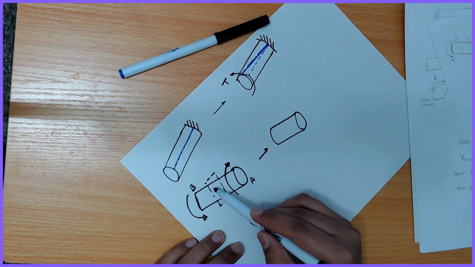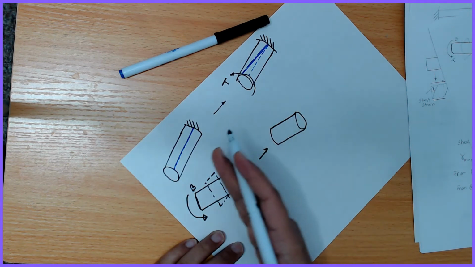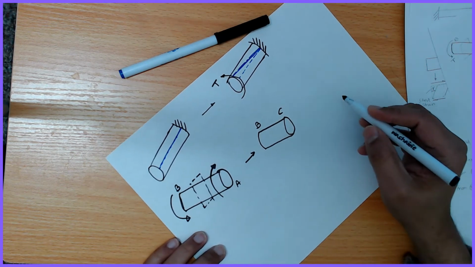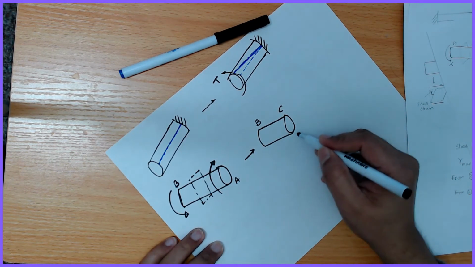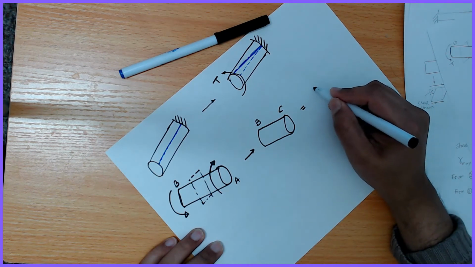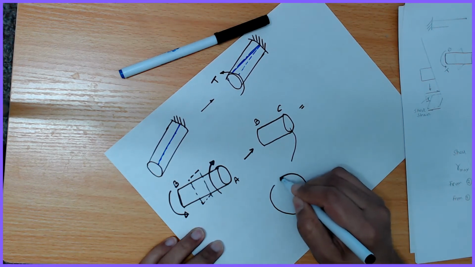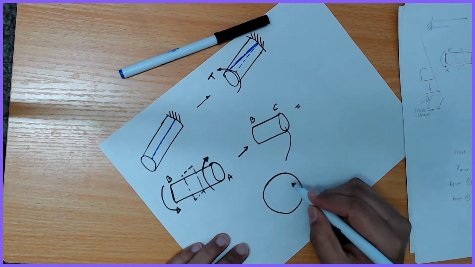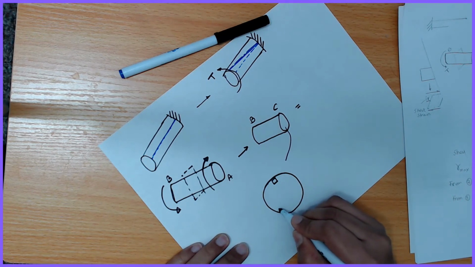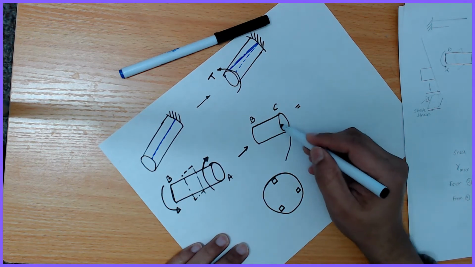Now if member AB I cut at, say, the center, now this piece is BC, and this one, if I enlarge this, these are elements on the surface of the C end.